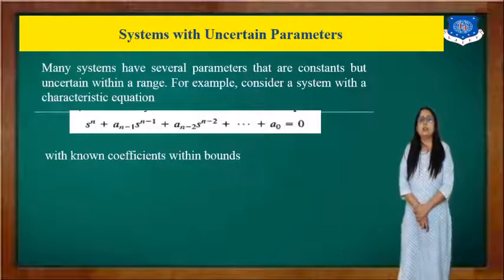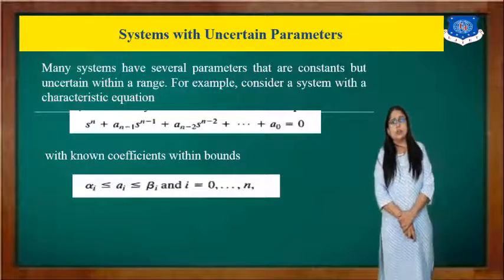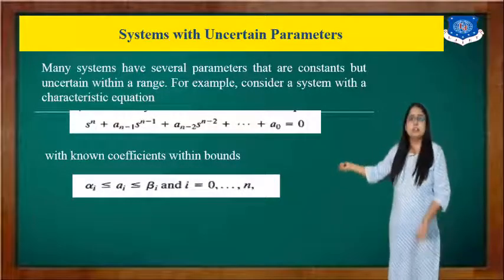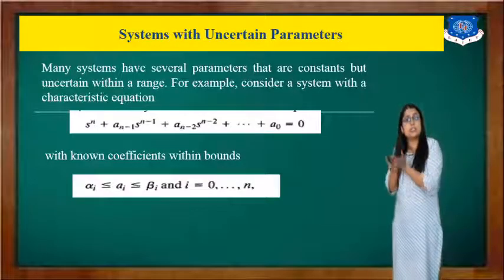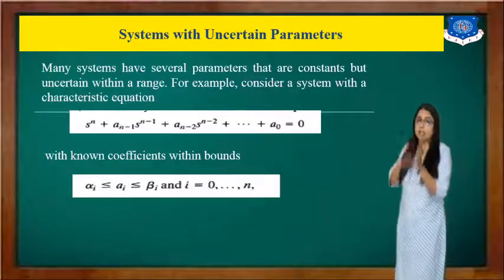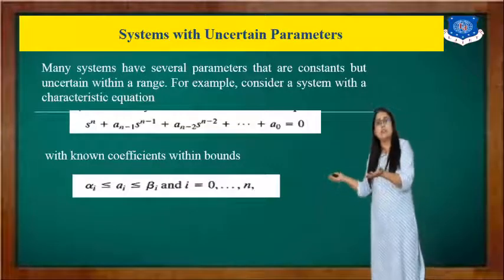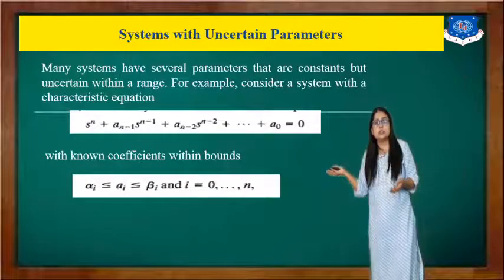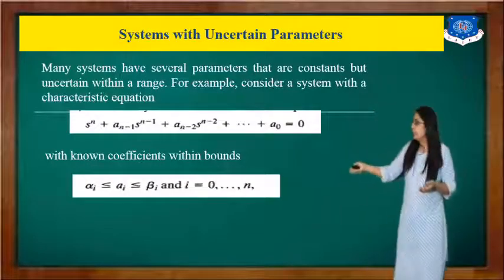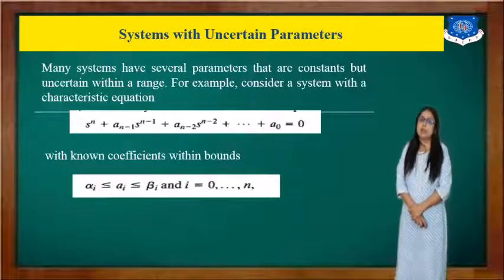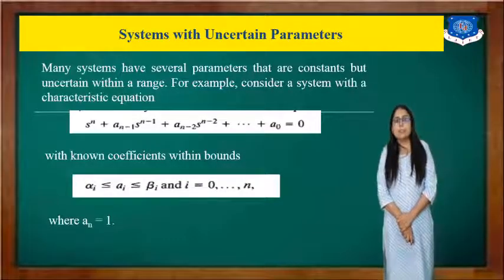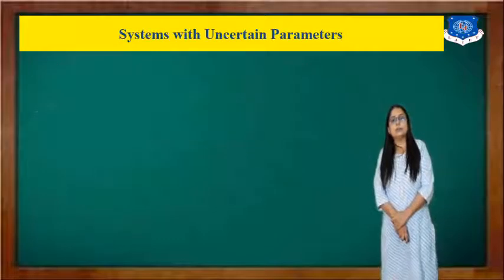Now, see, we note the coefficients are within boundaries, that is, these are the coefficients and they are bounded. So, we are going to assume some preconditions. That is, alpha i is less than or equal to a i, less than or equal to beta i, for i from 0 to n. Now, a n equals 1.